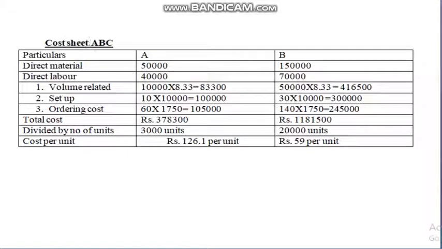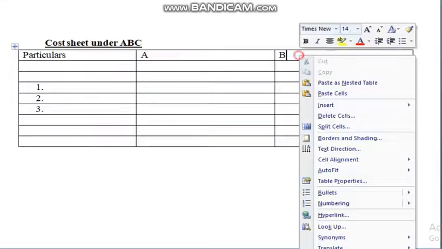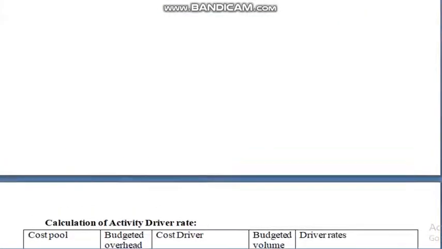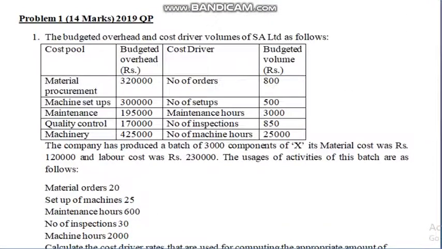Cost sheet under ABC method. So only one product is there. So this is a statement of cost sheet under ABC method. The first cost is material cost.